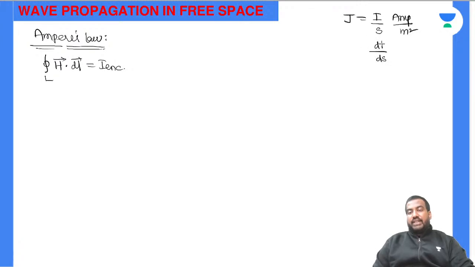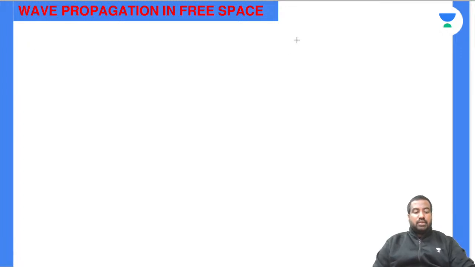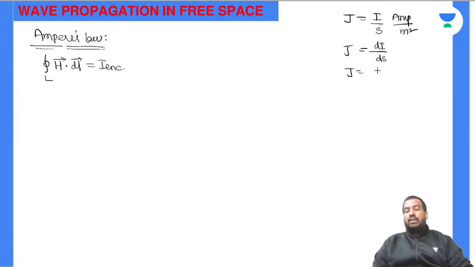If you consider a small surface area ds, the current associated with it is di. J is di by ds. This implies di is equal to J into ds in scalar notation, and in vector notation, J dot ds.